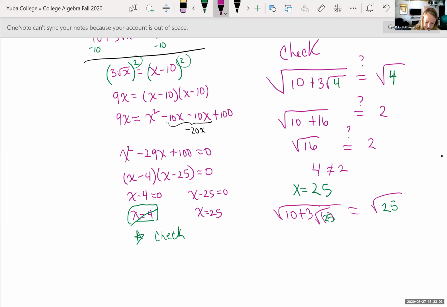Sorry, the square root of 25 is 5. So 3 times 5 is 15. Is this equal to the square root of 25? And already I can see that that is going to be true. Square root of 25 is equal to square root of 25. So we do have a solution, but it's only 25.